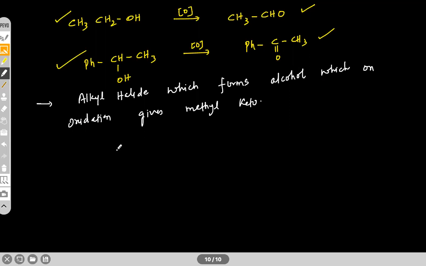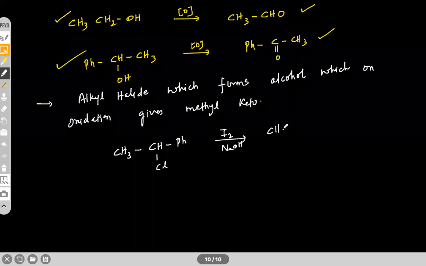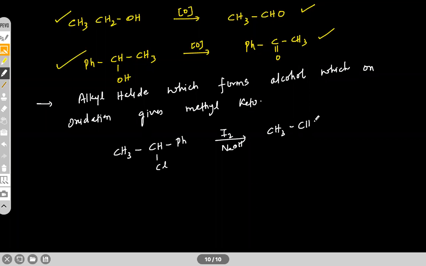For example, CH3 is mandatory on one side, CH(Ph)Cl you have here, this with I2 NaOH converts into CH3CH(Ph)OH. So this gives. This also gives.